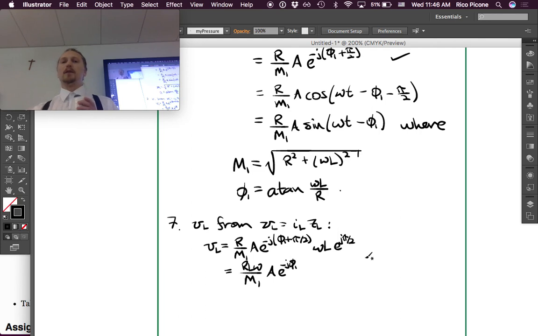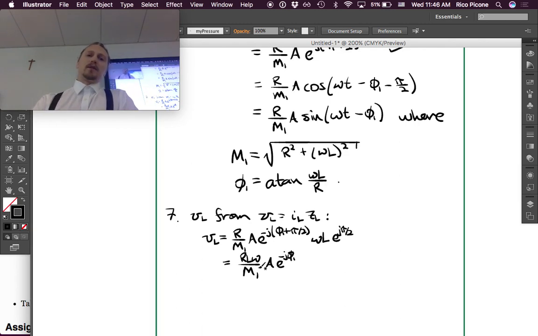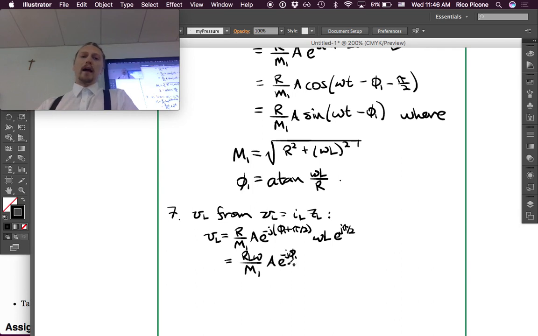Because the pi over 2's cancel, right? Negative j pi over 2, positive j pi over 2. Add the exponents, and they go away. Conveniently. Sweet. So we have our phasor representation.